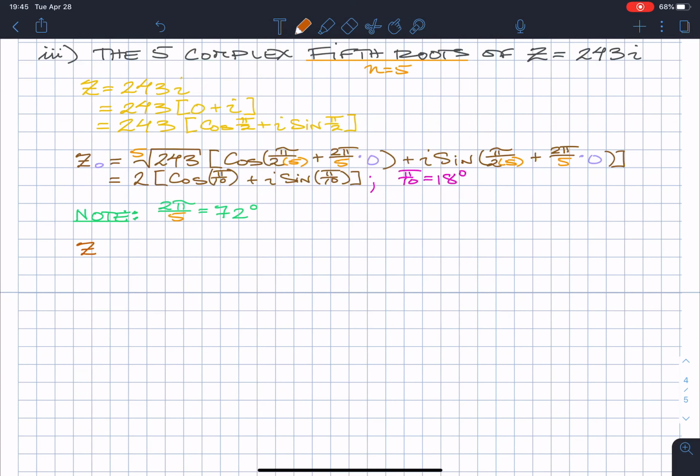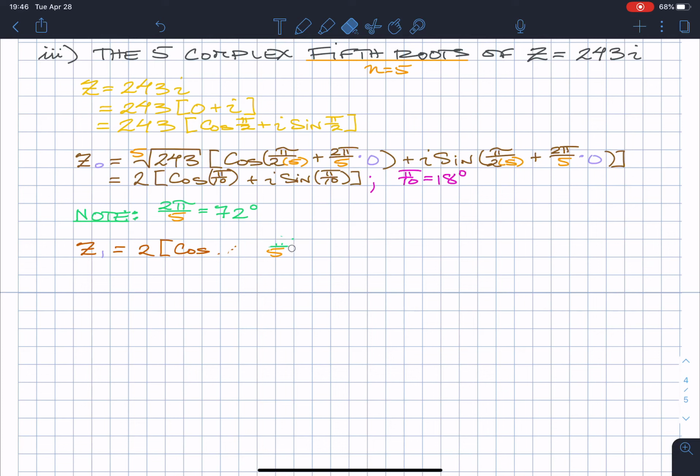z sub 1 will be 2 cosine of 18 plus 72, so 2 pi over 5 is 4 pi over 10. So this will be pi over 10 plus... Let me make life easier.